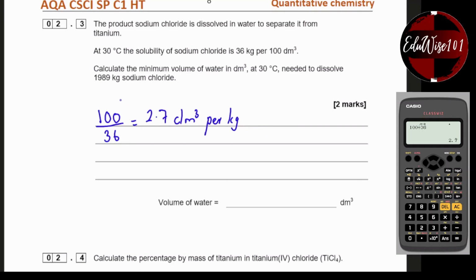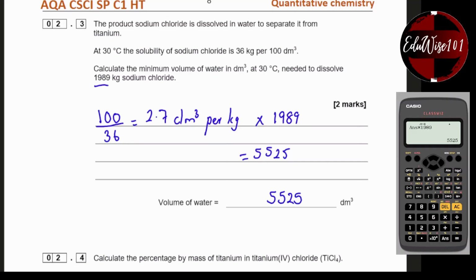Because I have 1989 kilograms, I can multiply that by that number, 1989. That gives me 5,525 decimetre cubed.